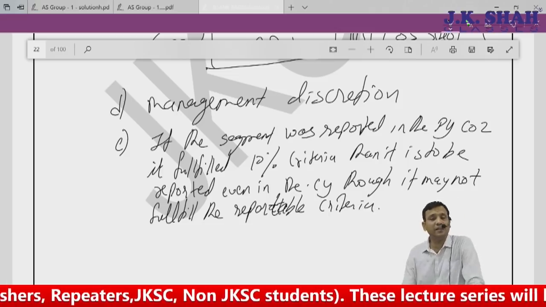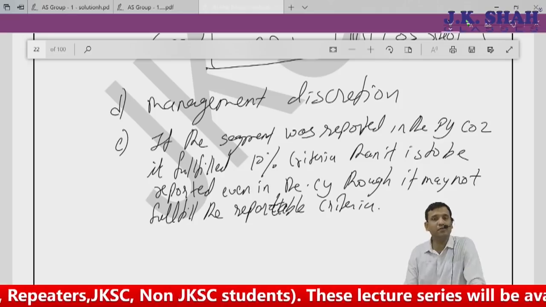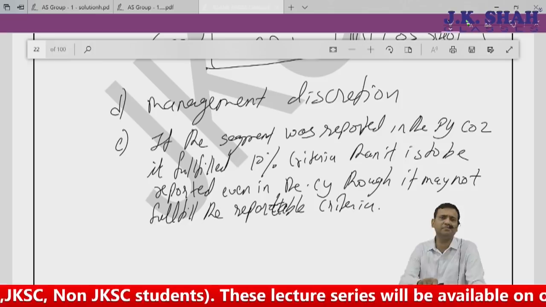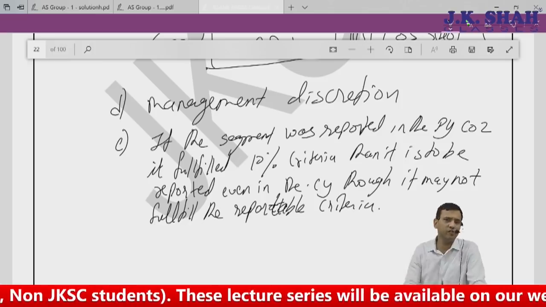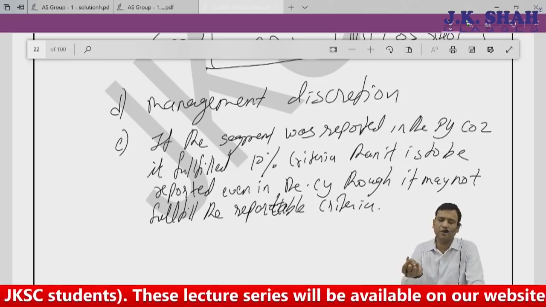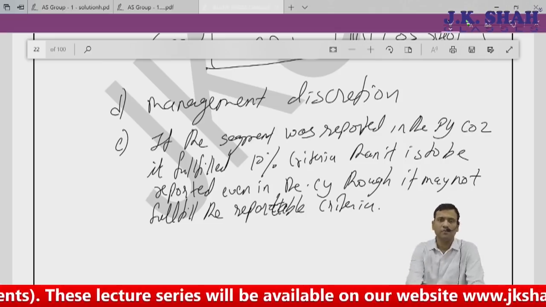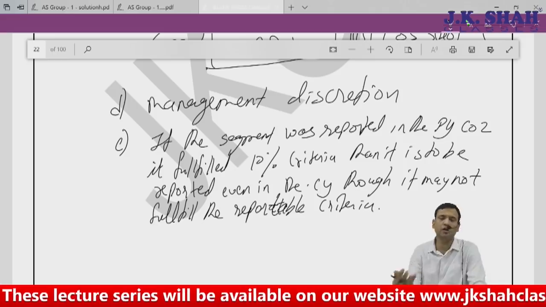Means in the last year there was a segment whose segment asset was more than 10% and it was getting reported. In the current year the same segment does not fulfill the criteria, neither 10% of revenue nor 10% of profit or loss in combined form nor 10% of asset. So it is not getting reported.